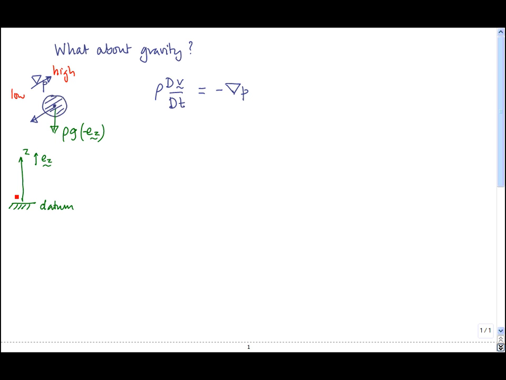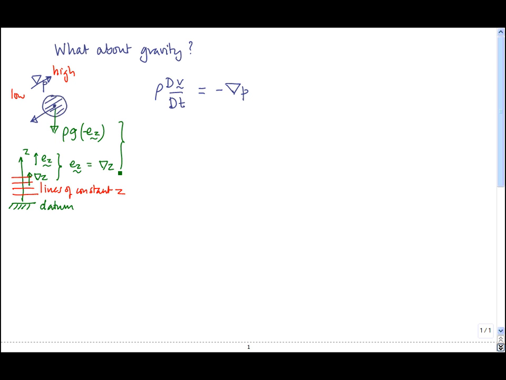Now if we imagine drawing lines of constant z, so here are lines of constant z, then it's quite easy to spot that grad z, this thing here, is just exactly the same thing as Ez.